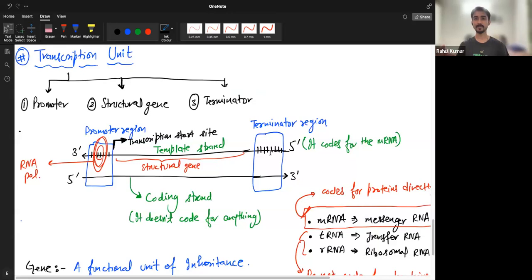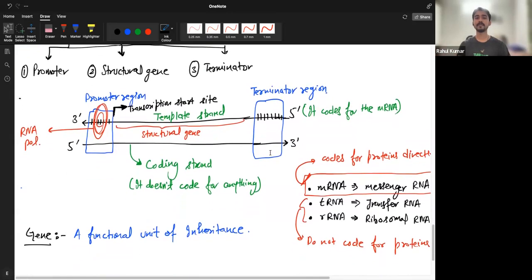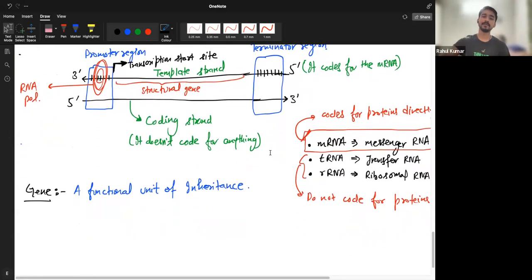Does that make sense, everyone? So from a structural gene comes an mRNA, comes a tRNA, and comes a rRNA, which means all three are formed from structural genes, but all types of genes do not code for proteins. Is it clear to you? Yes, sir.